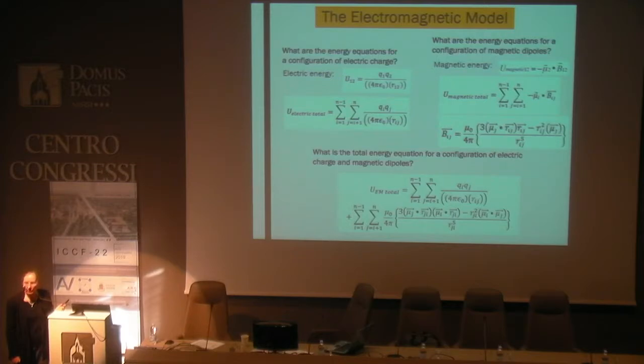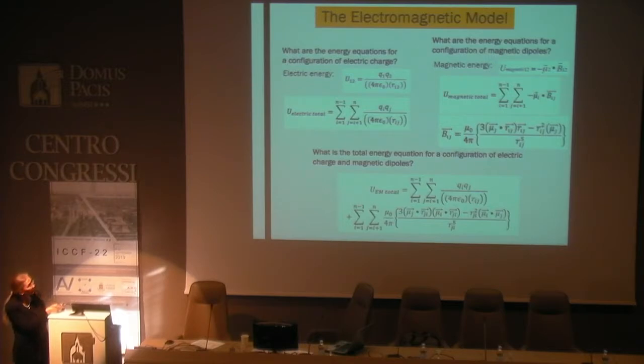Similarly to the electric energy, we have the magnetic energy. As you can see, this equation here is the magnetic energy of the dipole mu2 in the electromagnetic field created by the dipole 1. This is how they sum up if you have a configuration of several magnetic dipoles in three-dimensional space. What I want to point out is this equation is a little more complicated because it's a vector equation.